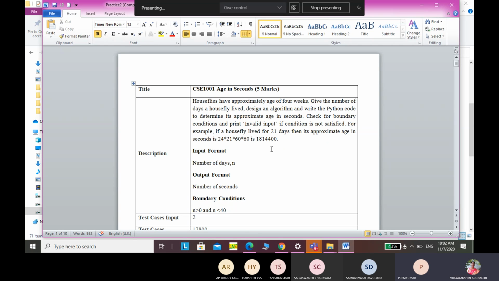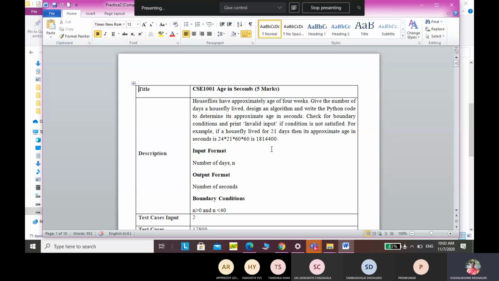Boundary condition means there are some inputs the problem won't accept. That is called a boundary condition. Here the boundary condition is that the n value should be greater than 0 and less than 40. What is meant by that?